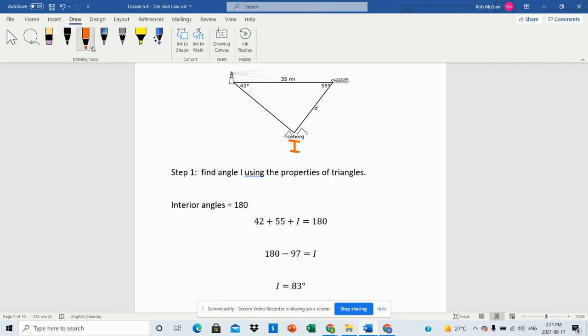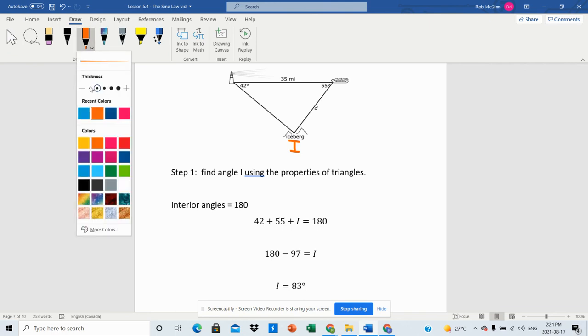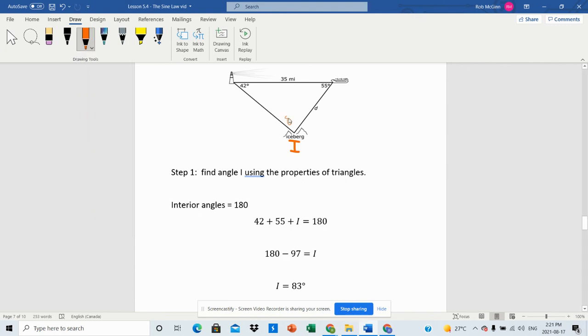So let's just write that in there. I'm just going to use this. So that works out to 83 degrees. Not the best degree sign, but you get the point. That's that angle.